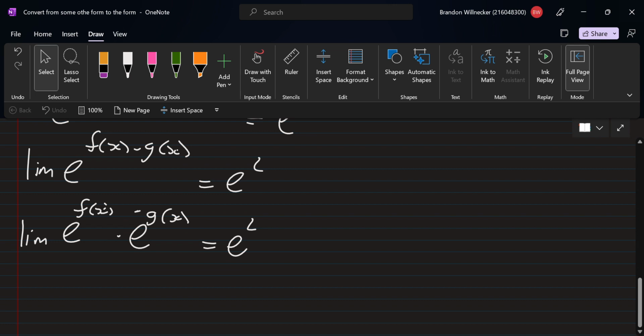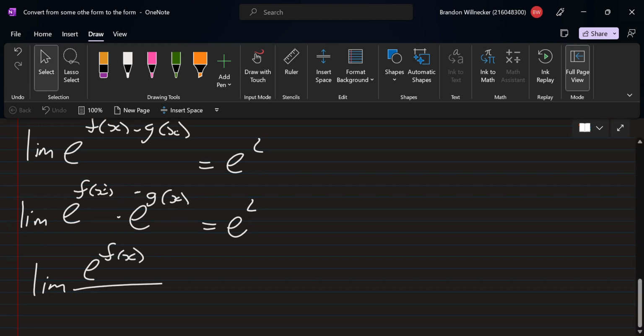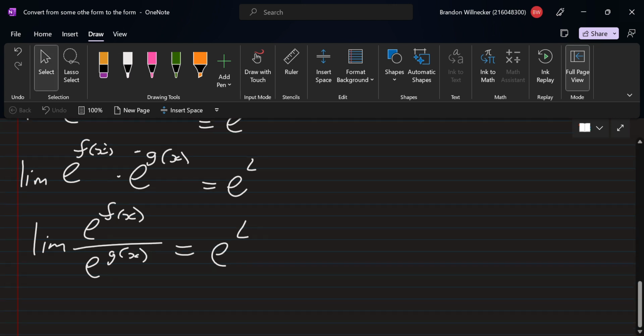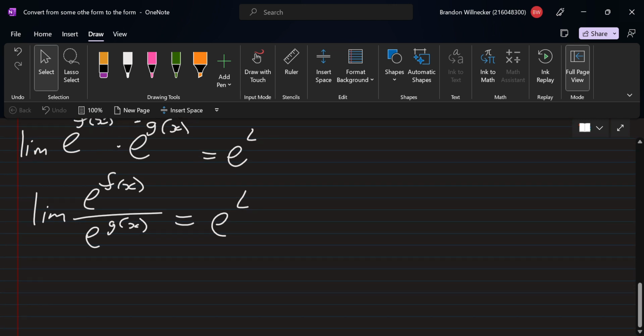Okay, now if I have a negative in the exponent, that means I can put it downstairs in the denominator. So I can write this as the limit of e to the f of x over e to the g of x, and that is equal to e to the L. But I don't want e to the L, I want the original limit value, L. So I can take the natural log on both sides.